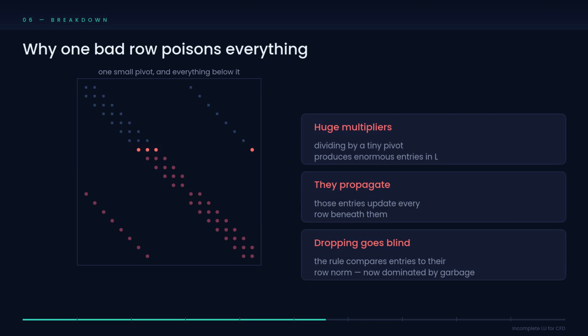The multipliers in that column become enormous. Those enormous numbers propagate into every subsequent row. The dropping rule, which compares entries against the size of their row, now sees a row dominated by garbage, so it drops the wrong things. One bad pivot does not cause one bad row, it corrupts everything downstream of it.